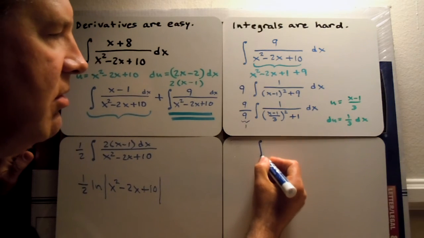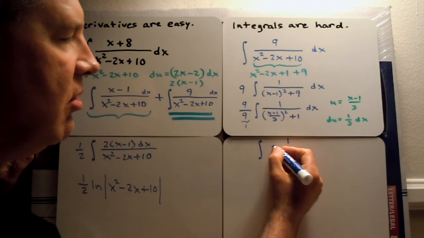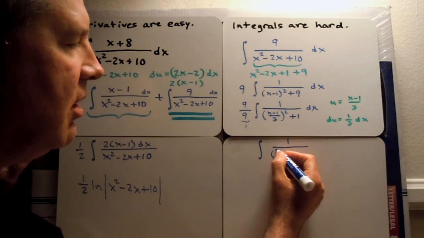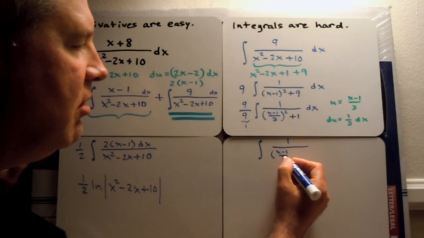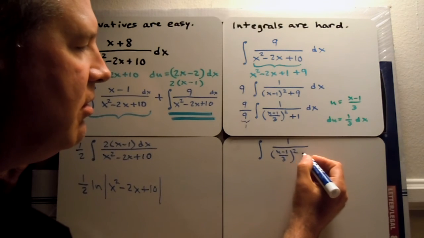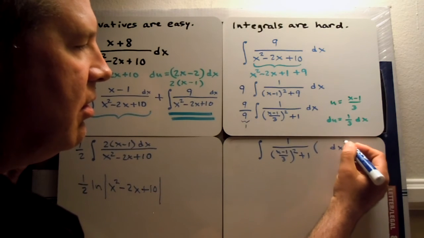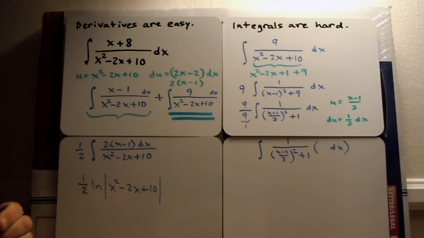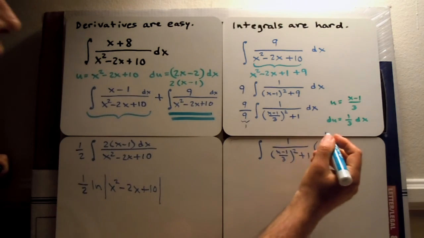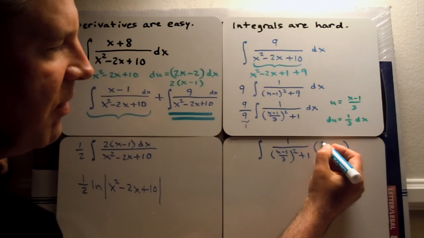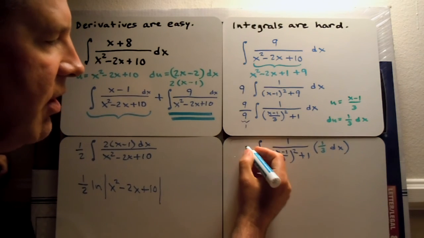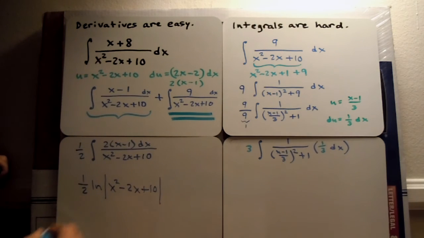So we have 1 over x minus 1 over 3 squared plus 1 dx. And remember that you can always multiply by a constant in order to get the proper du. And so what we're going to do is multiply by 1/3 and compensate with multiplying by a 3 outside, which you could always do.